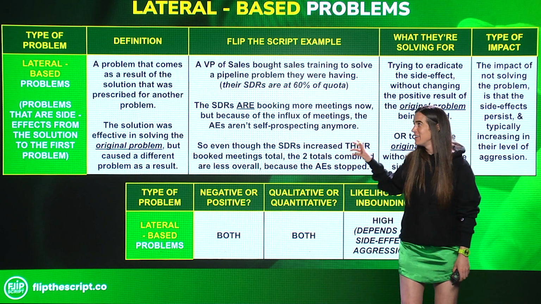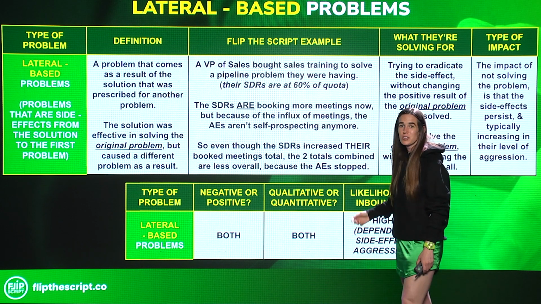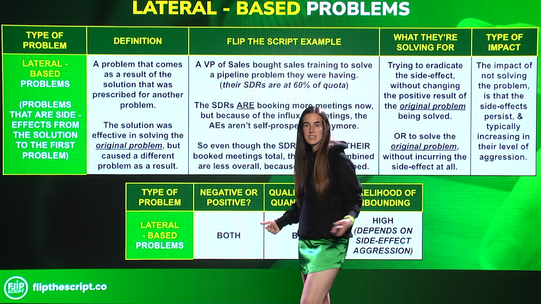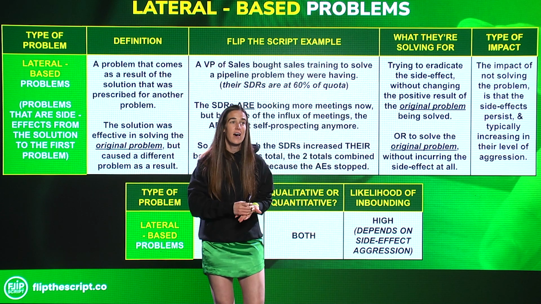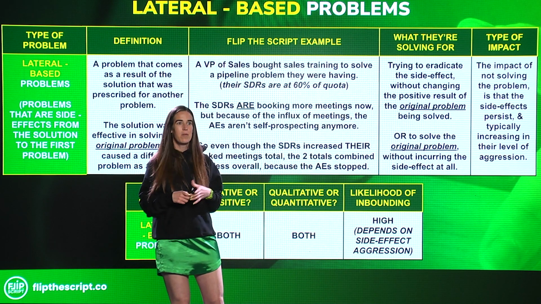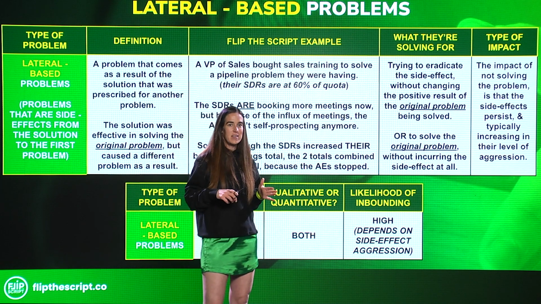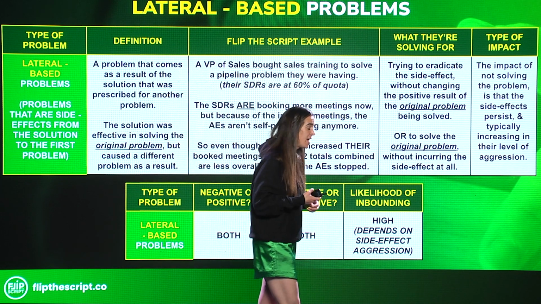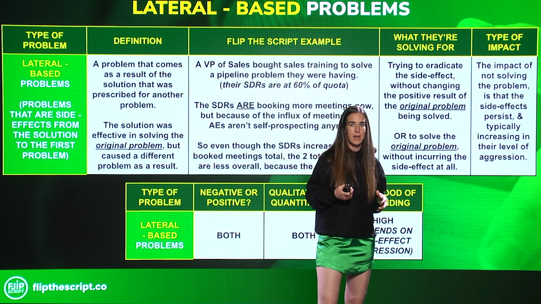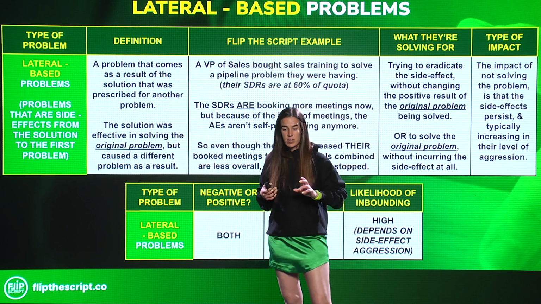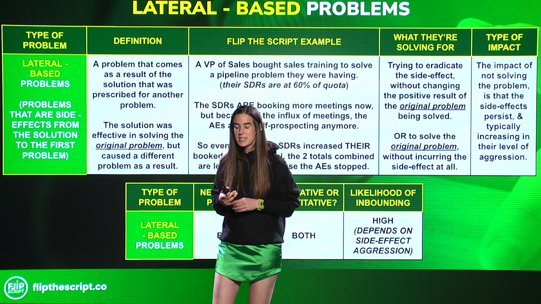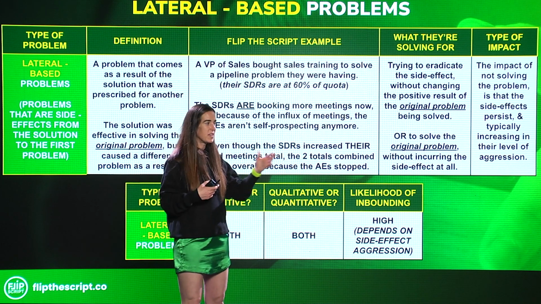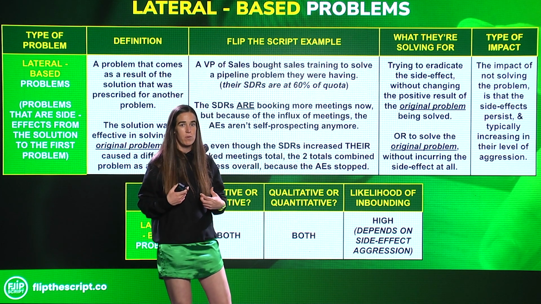A great example of this is I talked to a VP of sales. They wanted to get sales training to increase pipeline. The SDRs were roughly 60% of quota. And the VP of sales said, so I got the sales training and it did increase the pipeline to some degree. But what happened is my AEs stopped self-prospecting because the SDRs started sending them more meetings.